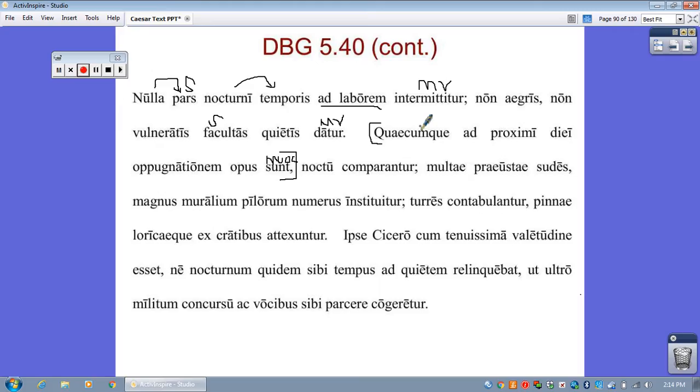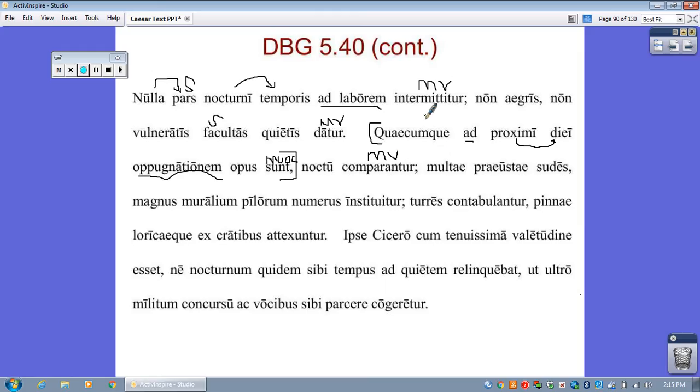So we have a prepositional phrase here, starting with ad, and proximi diei, those are both genitive, but the object of the preposition is right here, o pugnationem. And then we go a little bit farther, noctu comparantur would be the main verb.